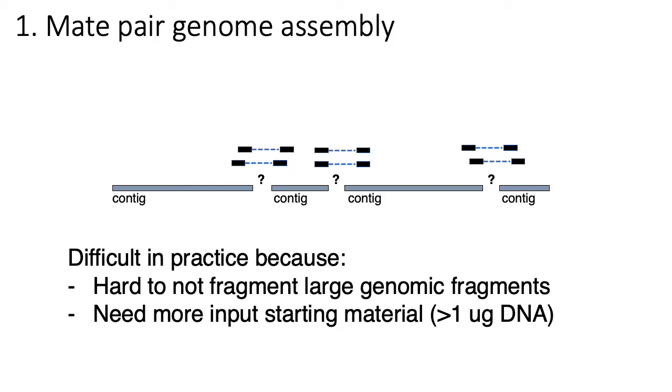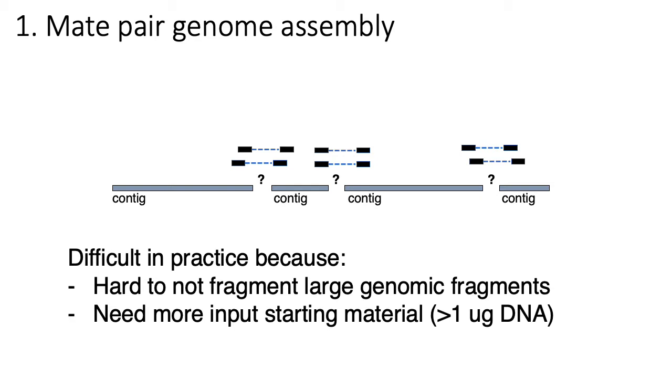Why this is powerful is that, if you use an assembler to assemble contigs in your genome, and your assembler tells you there are 4 contigs, and you have a bunch of mate pair reads which span 2 different contigs, then that gives you a measure of physical distance between contigs.